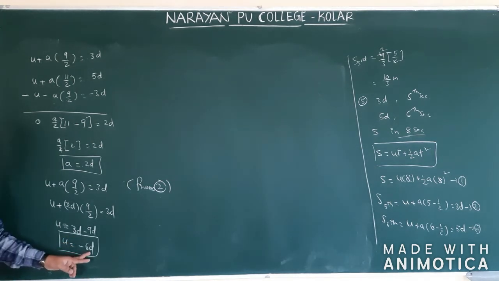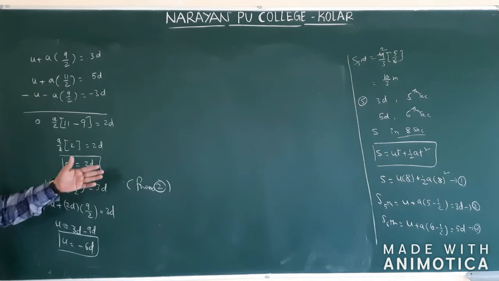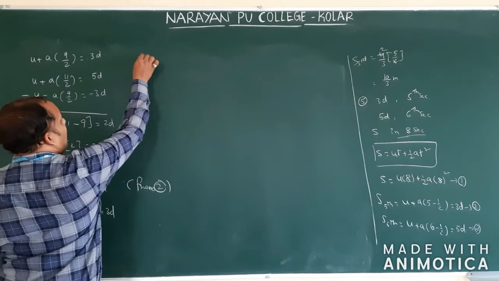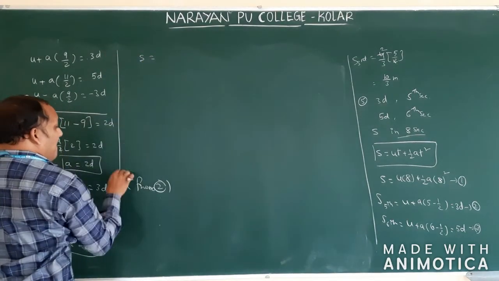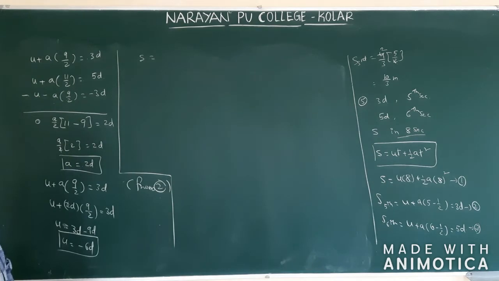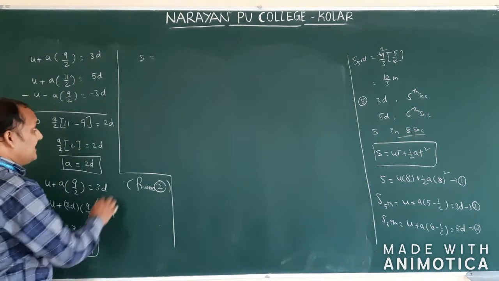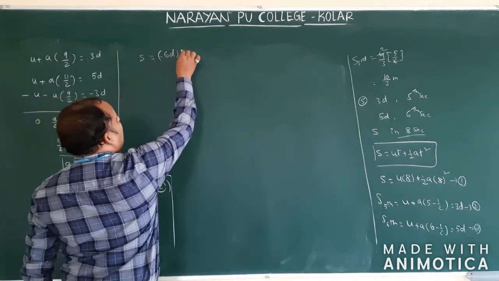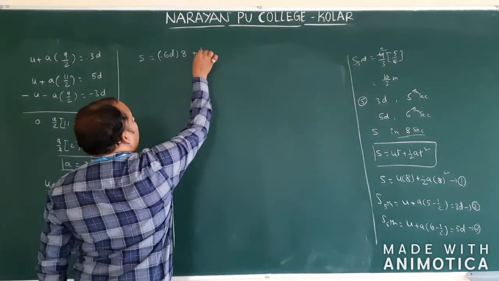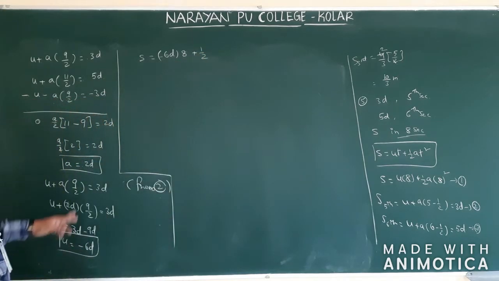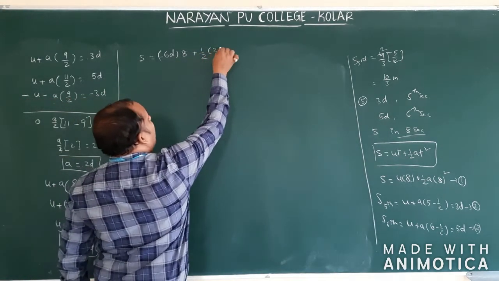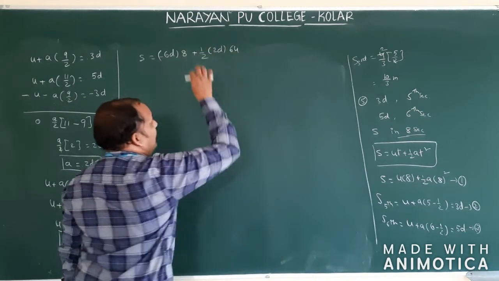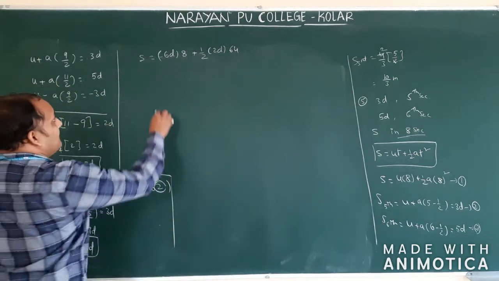Substitute this u is equal to minus 6d and a is equal to 2d in equation number 1. Then s is equal to u value, minus 6d, times 8, plus half of a value, 2d, into 8 square. 8 square means 8 8s are 64.